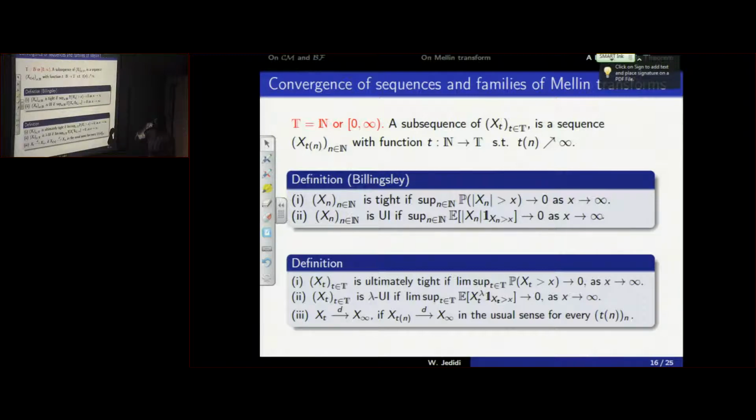Then we first needed to enlarge the classical definition. The usual concepts of tightness and uniform integrability are given classically by Billingsley. We enlarge them; we require a slightly less restrictive definition.